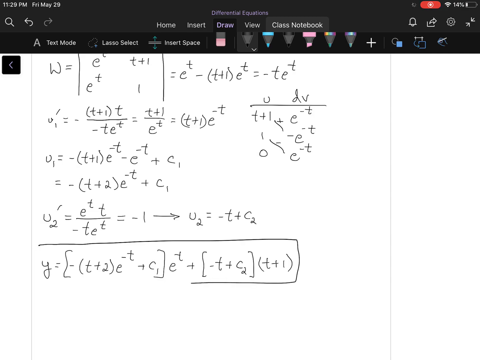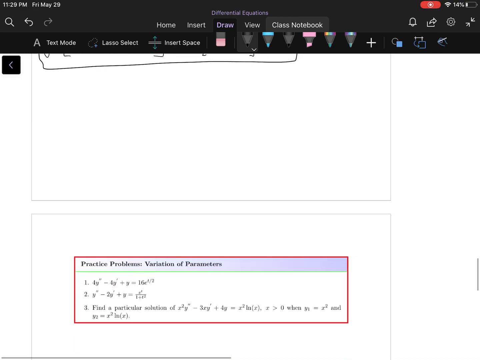And again, you can multiply through and combine like terms to simplify, but this is our final solution.